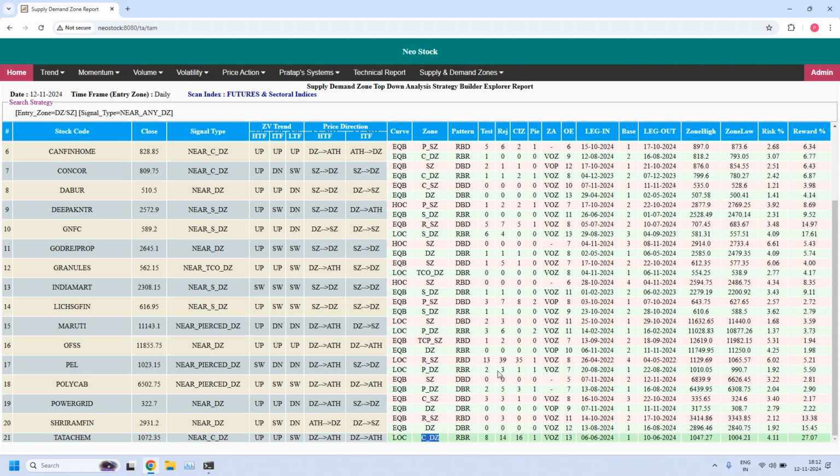And next one is Tata Chemicals, but Tata Chemicals is invalid because it is pierced. So total 6 high liquidity demand zones we identified from this list.